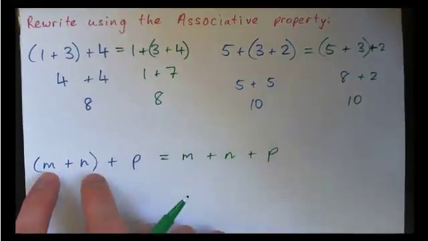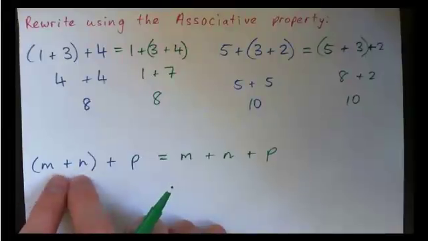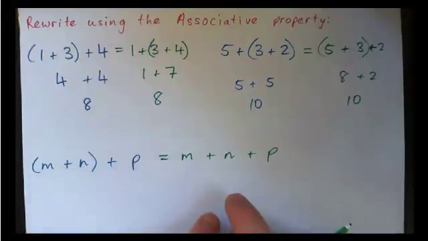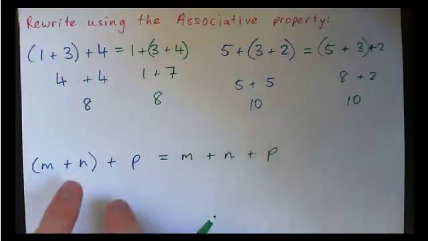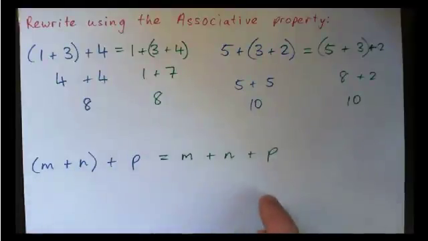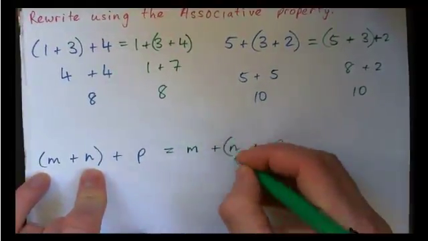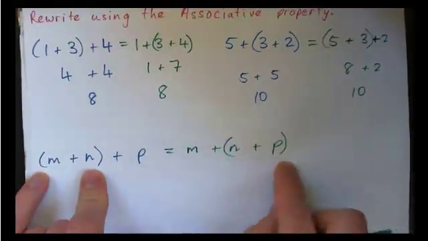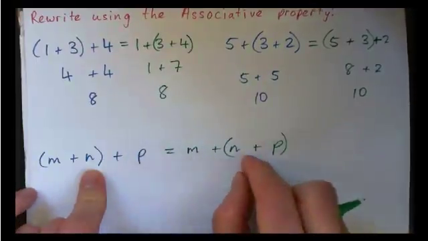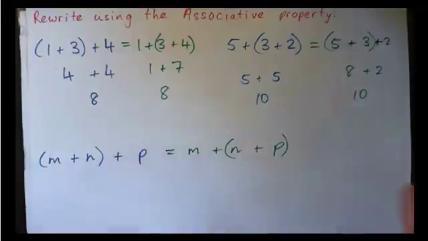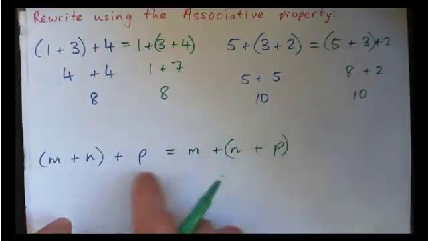So this is like saying add the front two numbers to begin with, and I could put parentheses here and say, well, you could also add the back two numbers to begin with, and you would still get the same answer in the end, no matter what the numbers were. So M, N, and P could be any numbers. But in any case, this is what you're supposed to write down.